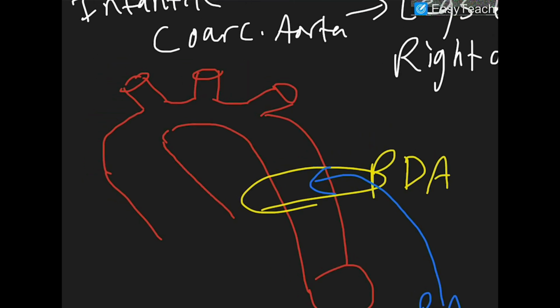Now, in coarctation of the aorta, after the three branches, we have preductal narrowing of the aorta. Remember, preductal is before the ductus arteriosus, somewhere here, but after the three branches of the aorta, we have narrowing. You see that in the infantile type. So if we draw a narrow aorta like this.